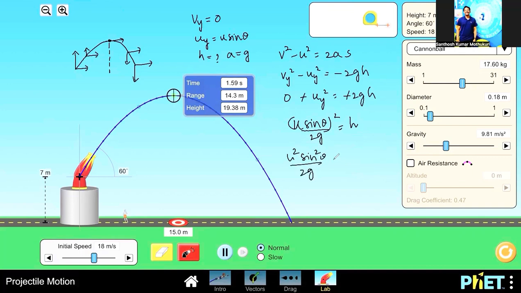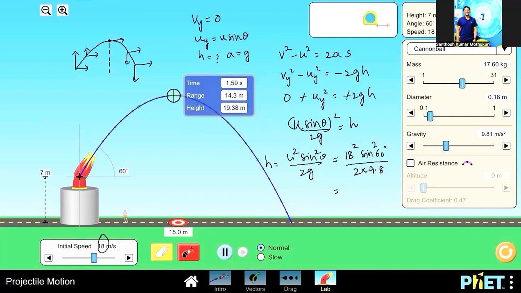All right. So now let us figure out the maximum height reached by the projectile. So u is 18 squared and sine squared 60 over 2 times 9.8. So if you substitute 18 squared times sine squared 60 over 2 times 9.8 in the calculator, let's see what we would get.